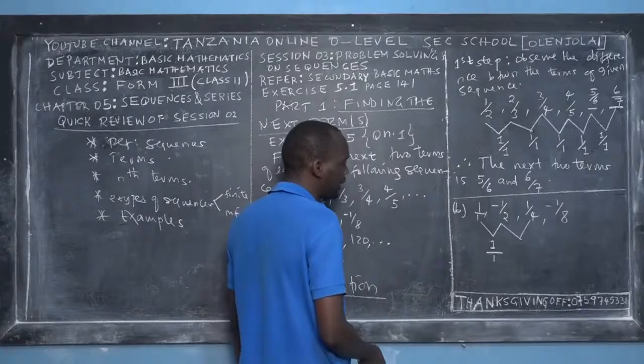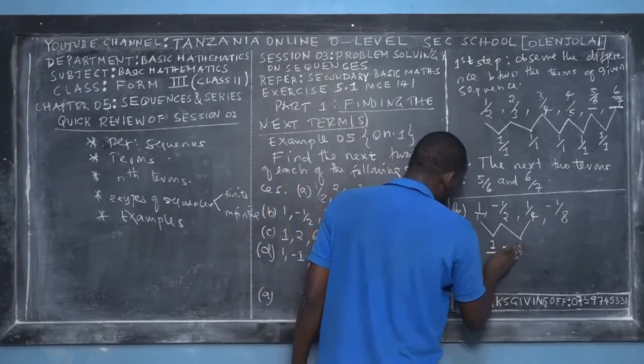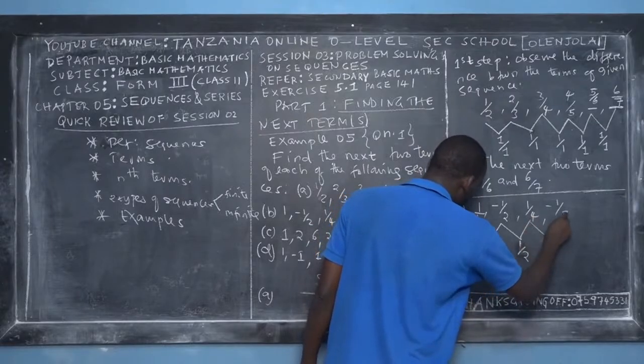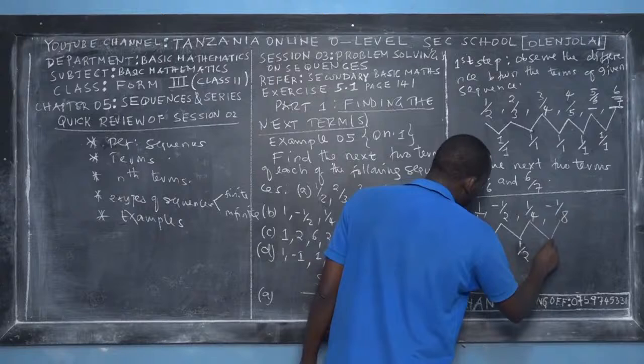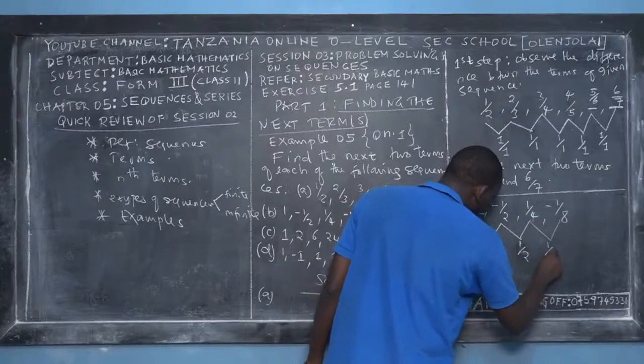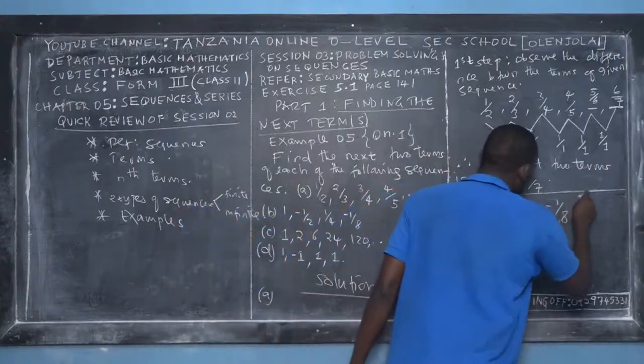Sometimes you have to be flexible. The difference between this and this one is 2, so the denominators go 1 and then 2, and then the difference between these two numbers is 1 over 4. So that is the first step.